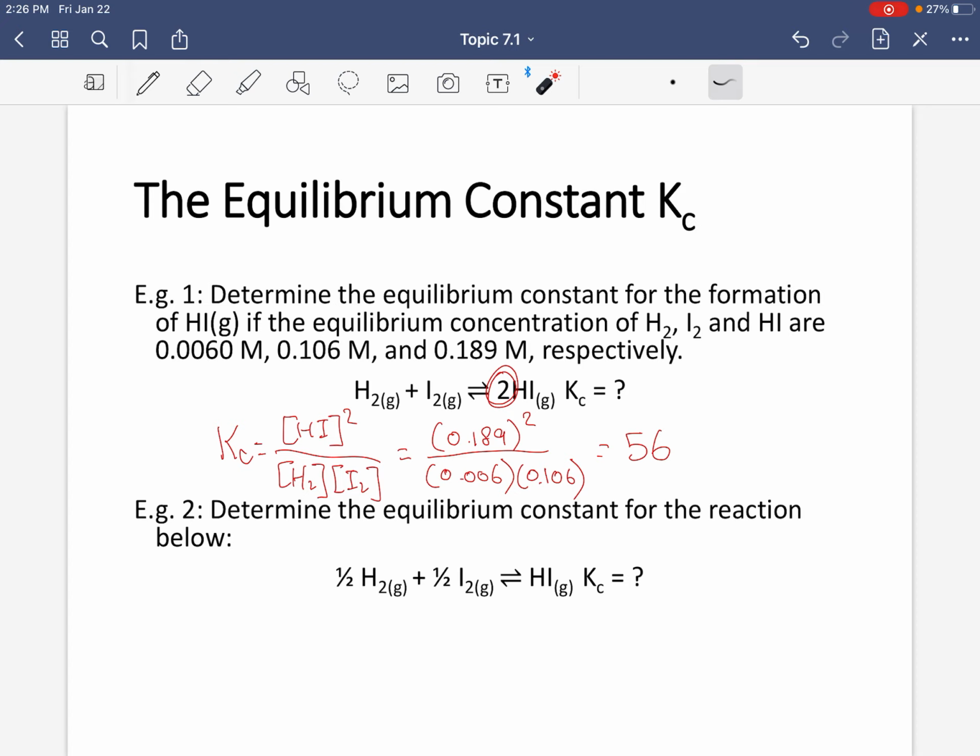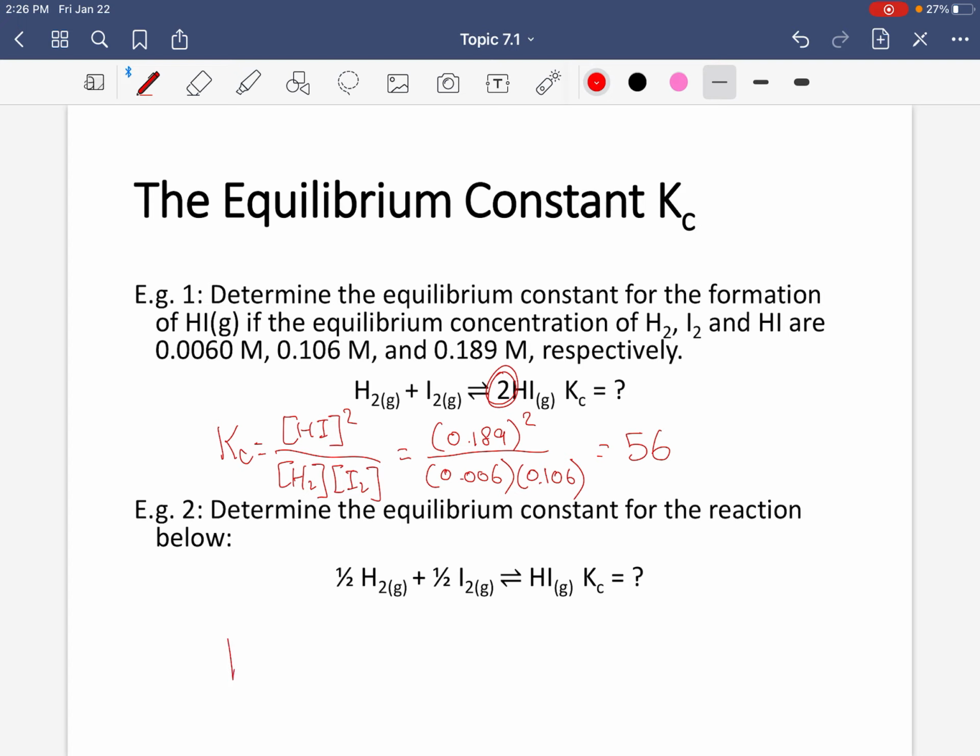As you can see, the coefficients of H2, I2, and HI, which is really the whole system, are cut by half. 2 became 1. 1 became half. 1 became half. So you cut the coefficient by half. So at equilibrium, what would it be if you did that?